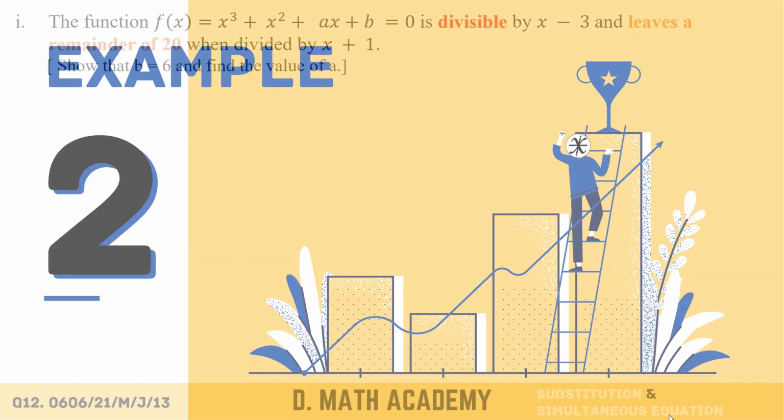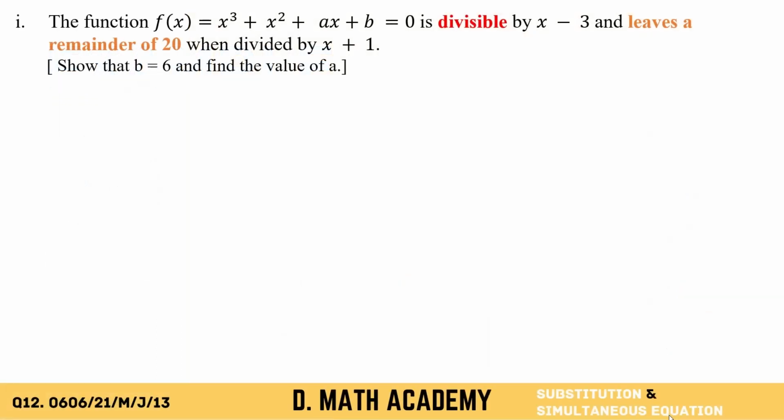So this question 12 here is asking: the function f(x) equals x cubed plus x squared plus ax plus b is divisible by x minus 3. So this is our first hint. When it's divisible, it has the same meaning as a factor. So this part will be a key hint for this question.